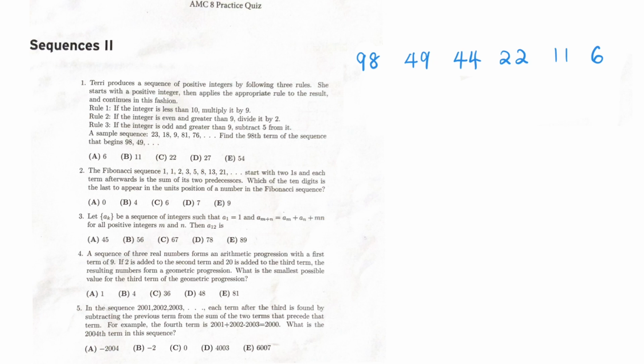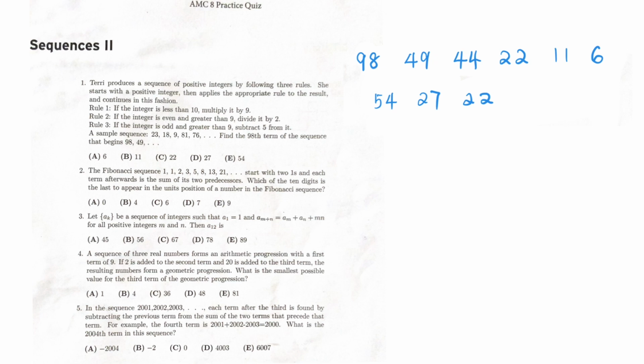Since 6 is less than 10, multiply it by 9, that's 54. 54 is even, divide by 2, that's 27. 27, then subtract 5, that will be 22.